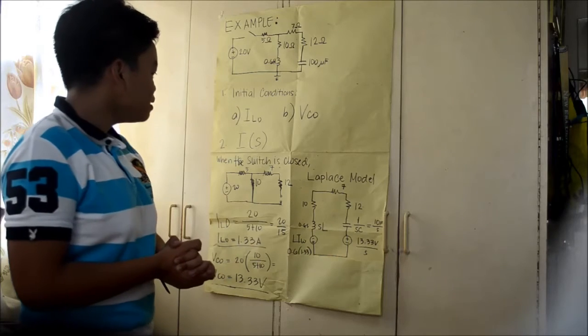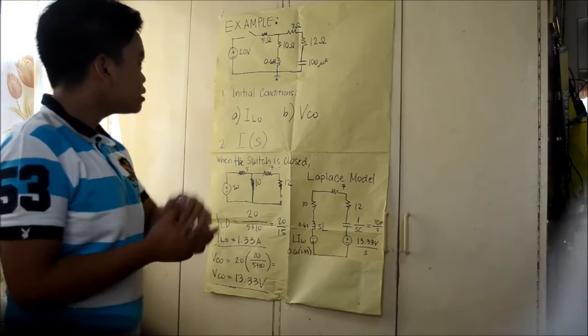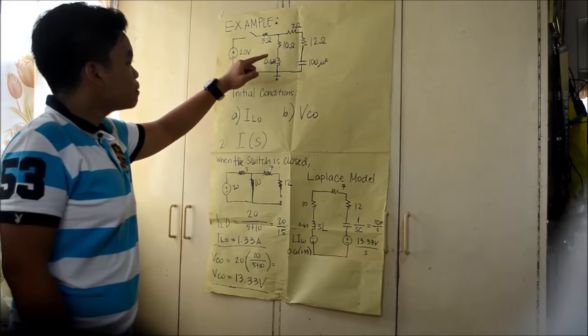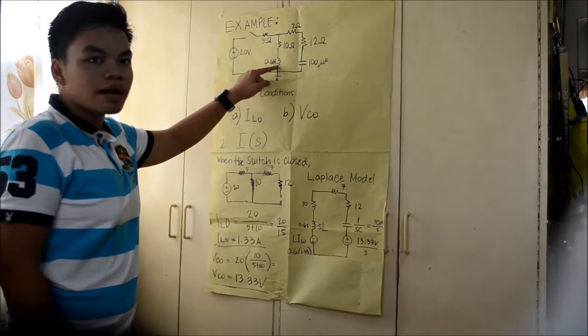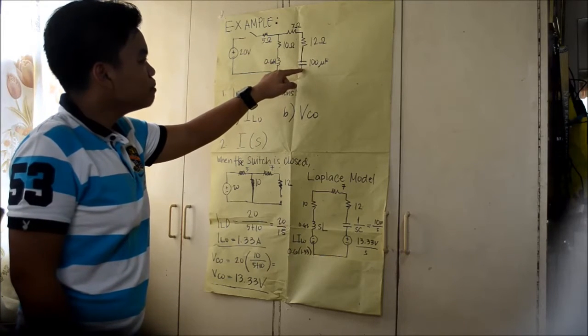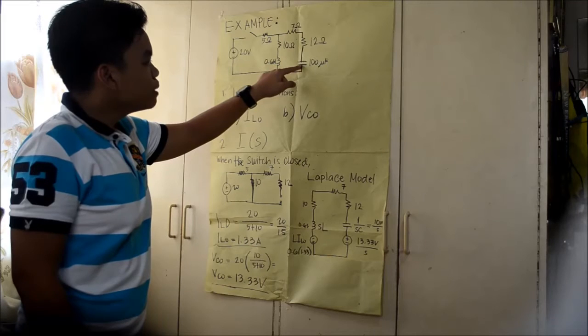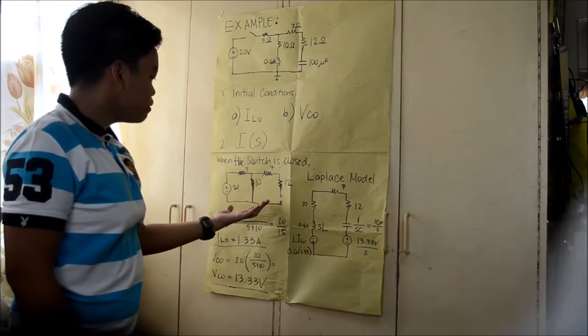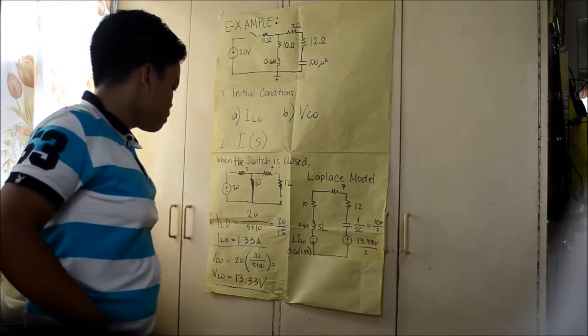Number 2 is the circuit in the s domain. When the switch is closed, the inductor will become a wire and the capacitor will become an open circuit, as you can see here in the circuit diagram.